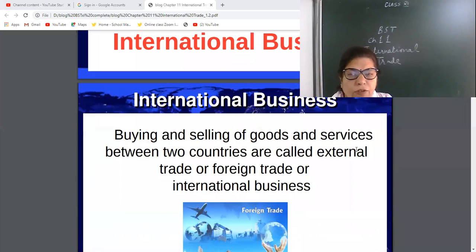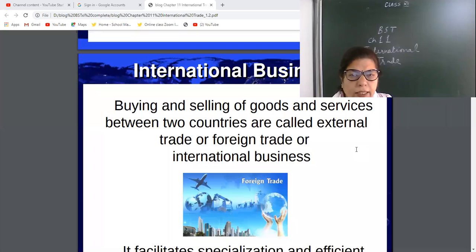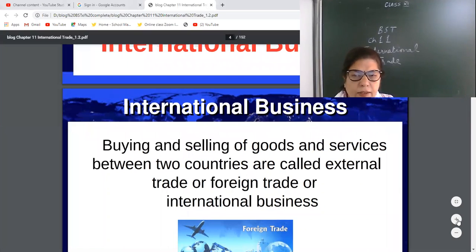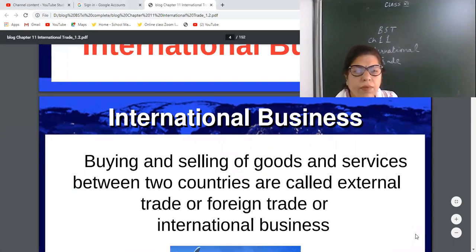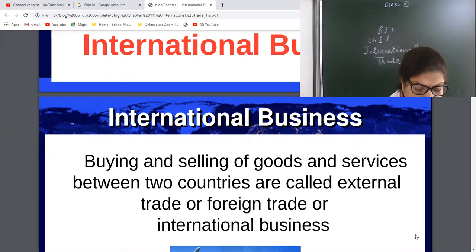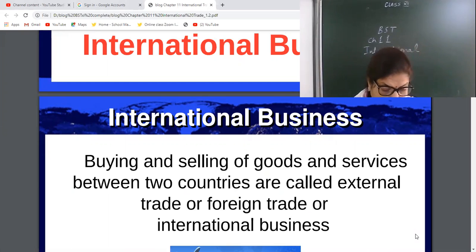So today, first of all, see the meaning. International business: buying and selling of goods and services between two countries are called external trade or foreign trade or international business.